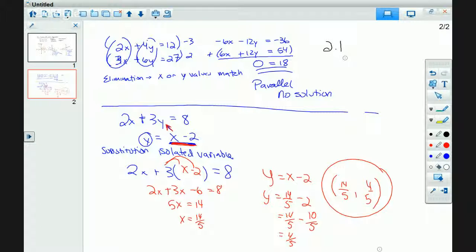Okay, 2.1, 1, 5 through 10. 32, 33, and 39 to 40.